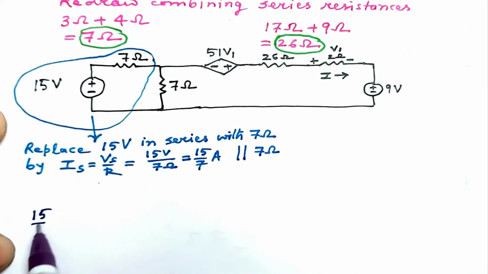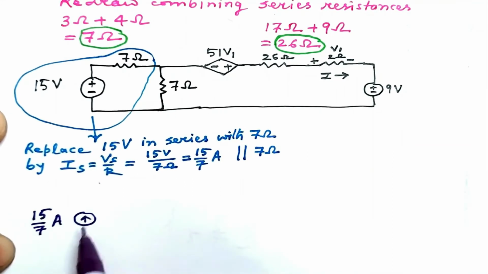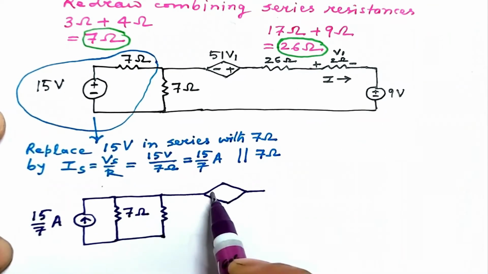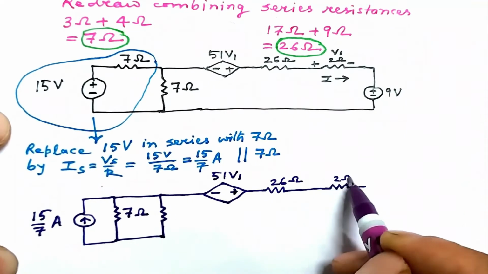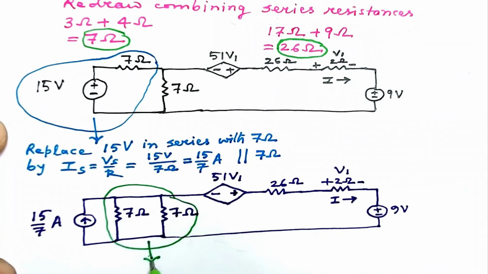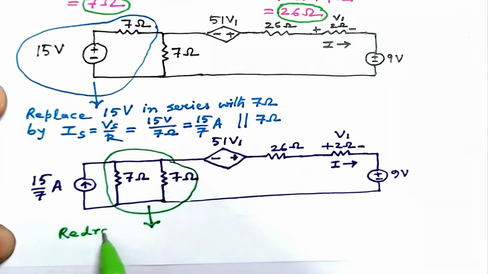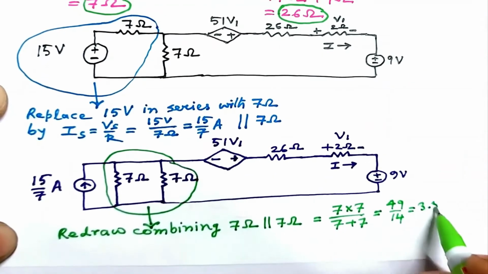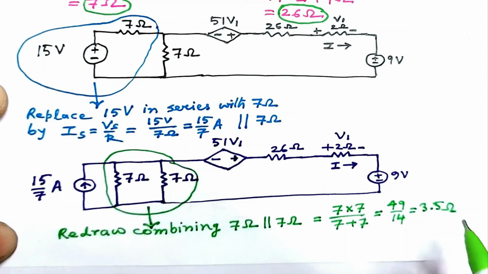This is 15 by 7 ampere current source in parallel to 7 ohm resistance. Let us draw the rest portion of the circuit. Look at this portion. Two 7 ohm resistors are in parallel. We would redraw combining them, and this gives 3.5 ohm. Here is the simplified network.